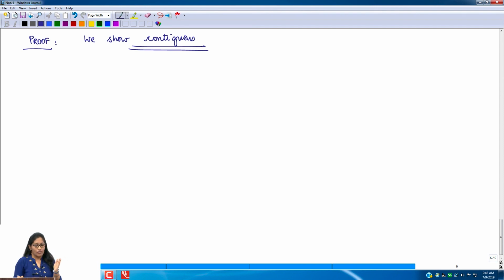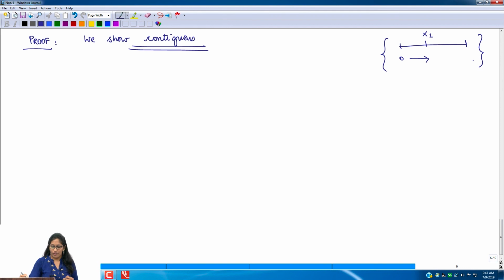We just move from 0 in the left direction, and an agent shouts as soon as he gets 1/n of the value of the whole cake, right? This is the first shout and so on. That was the moving knife procedure. And we made sure that by this particular moving knife procedure, we indeed get proportionality for all agents.